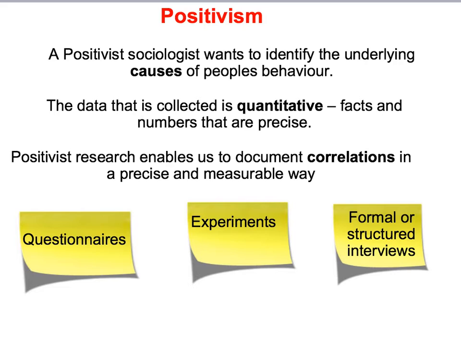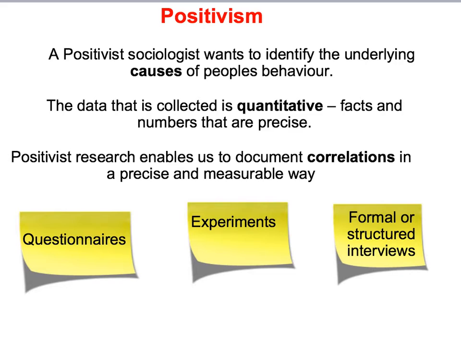So just as plant growth is affected by things like soil type and water and sunshine, social things such as suicide rates, from a positivist perspective, are affected by whether or not groups are married or divorced, whether or not they live in rural or urban areas, whether or not they're religious or not.